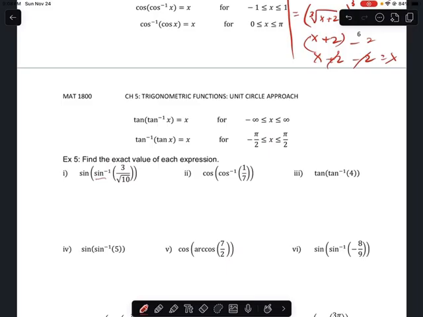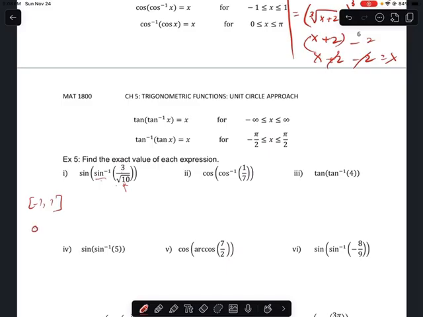Why is that? Because remember, the domain of sine inverse is -1 to 1.